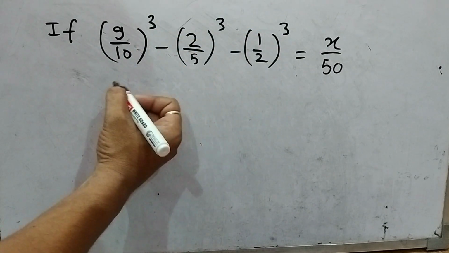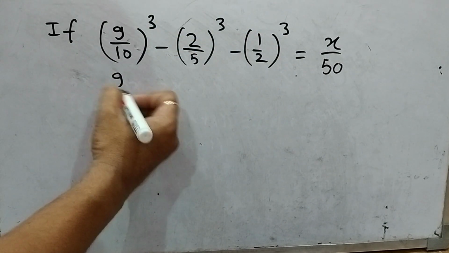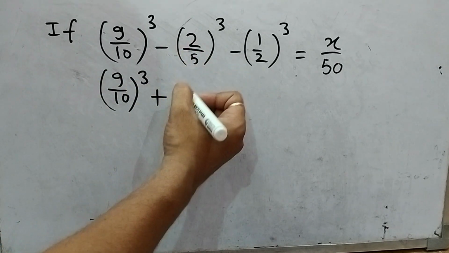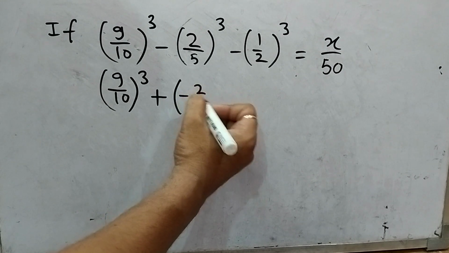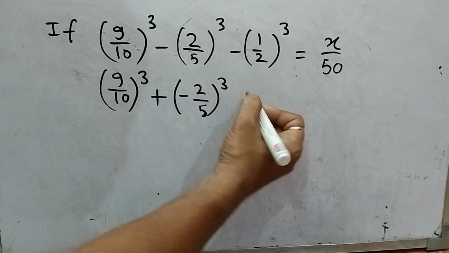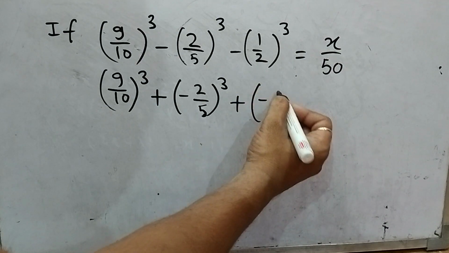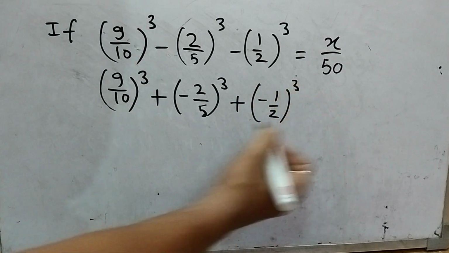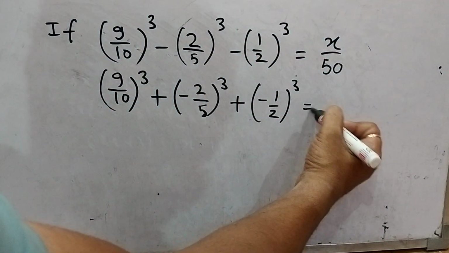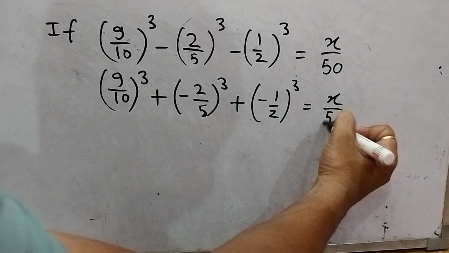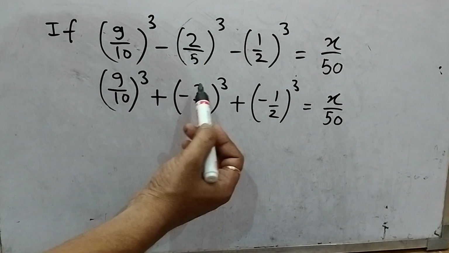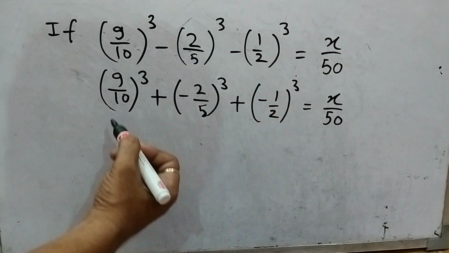How can we convert it? We can write it like this: 9 by 10 whole cube plus minus 2 by 5 whole cube plus minus 1 by 2 whole cube. If I introduce it here, minus cube will become minus, so there will not be any change. Now we have a cube plus b cube plus c cube.